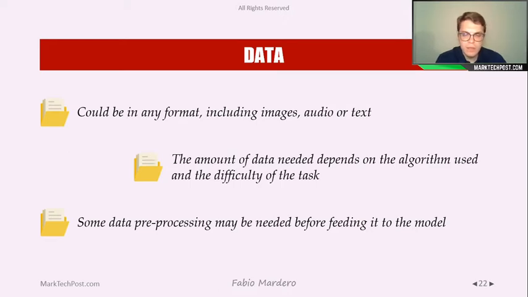But thanks to the new type of algorithms, we could feed the machine learning models with images, audio, or text. We just have to pre-process that input in such a way that every input becomes a number, and then the model can deal with it, because the model can deal only with numbers.